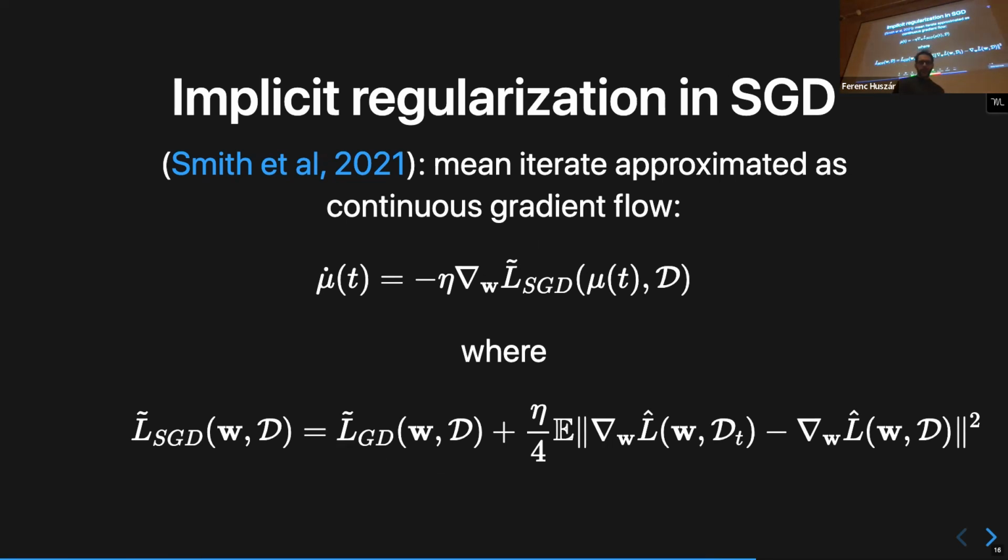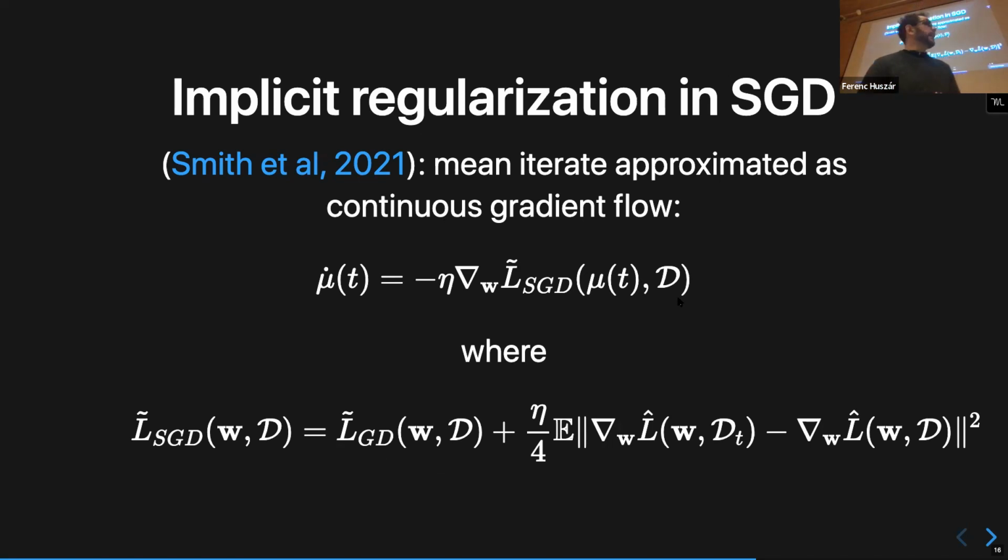I'm not going to go into how they got this result, but roughly what they show is that this mean iterate in SGD stays very close to the solution of this differential equation. I don't know if you study differential equations much in Cambridge computer science. Does that come up, differential equations? Okay, it does. It kind of must, but I was hoping.